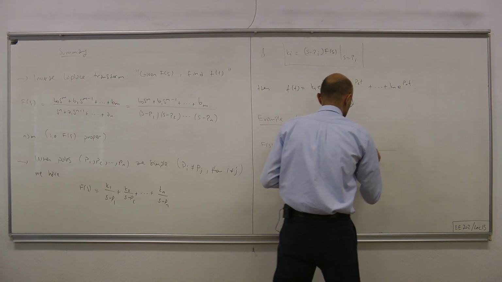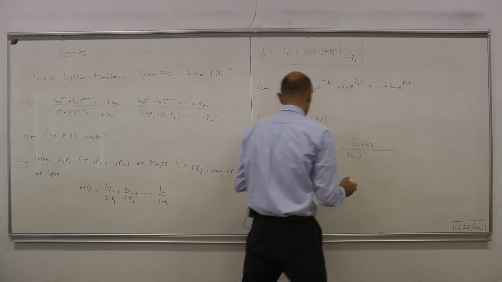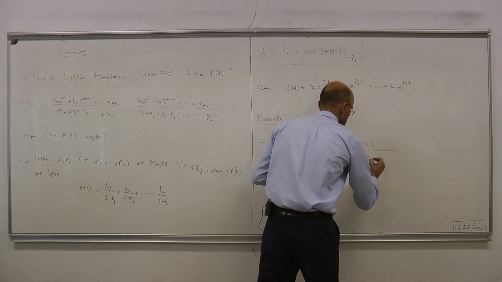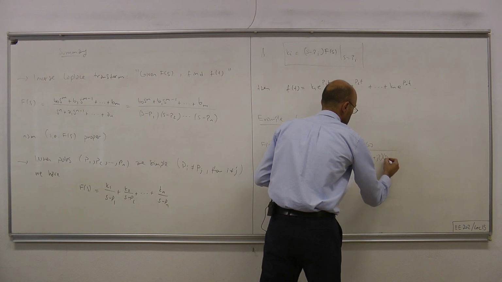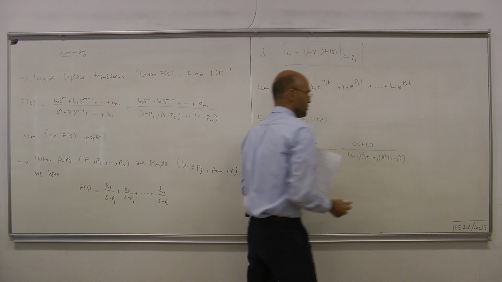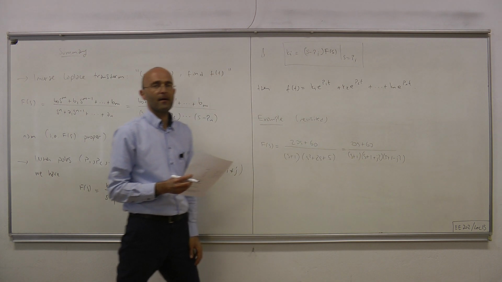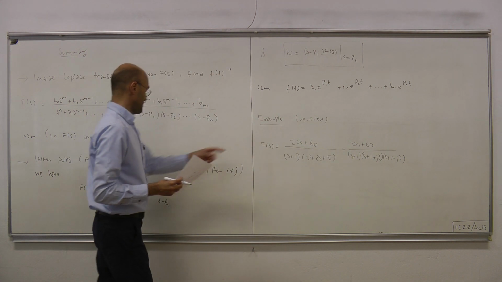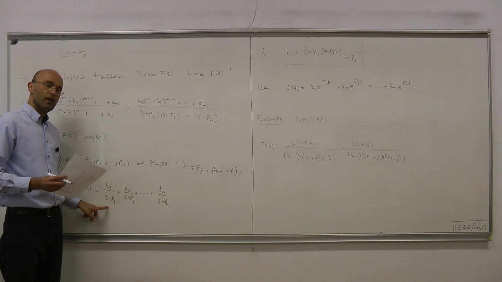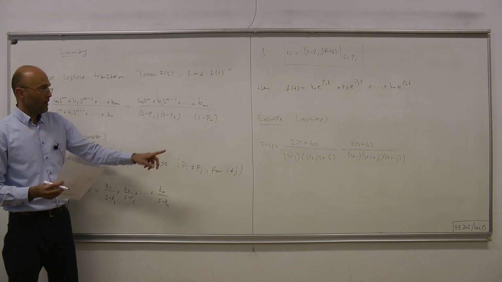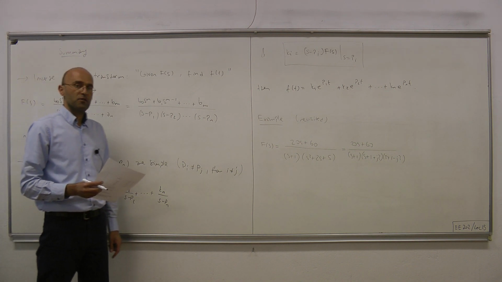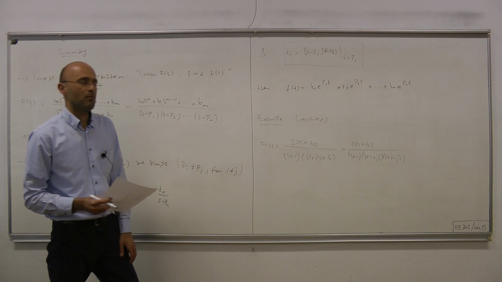s, s plus 1 plus j2, and s plus 1 minus j2. And then, since this is proper and the poles are simple, it can be written as we saw: k1 over s minus p1 plus k2 over s minus p2 plus k3 over s minus p3.